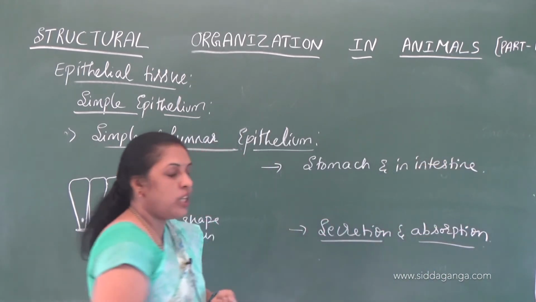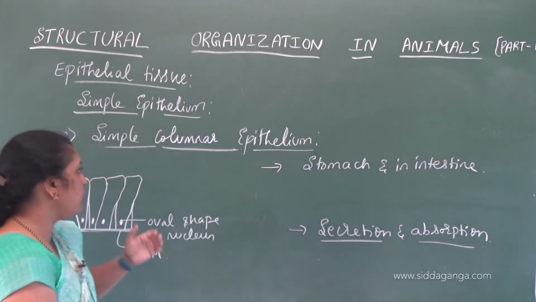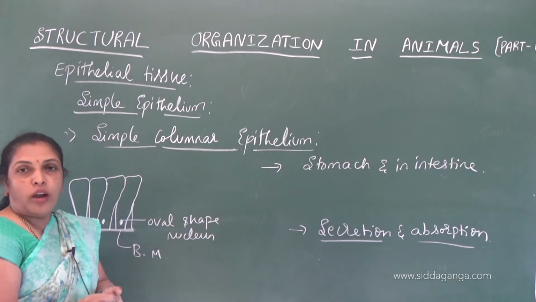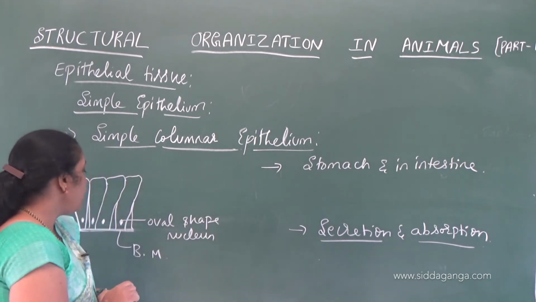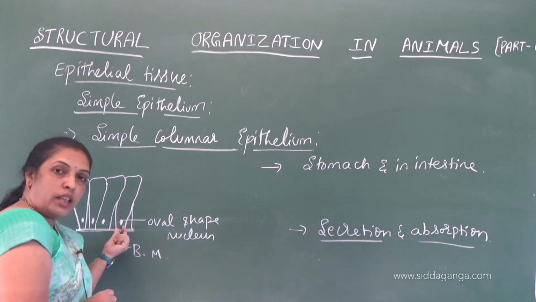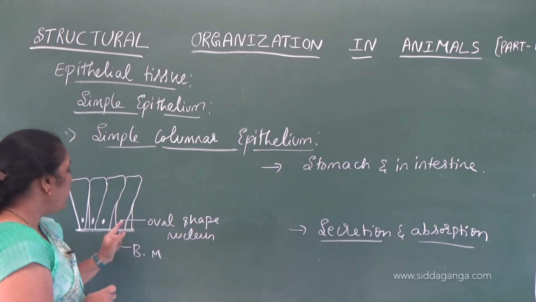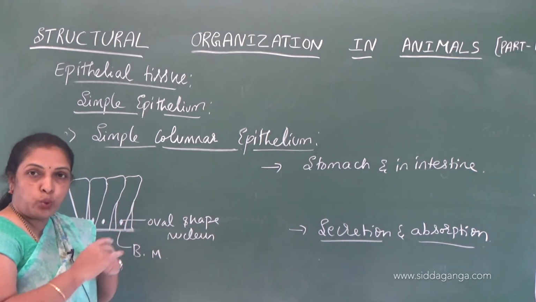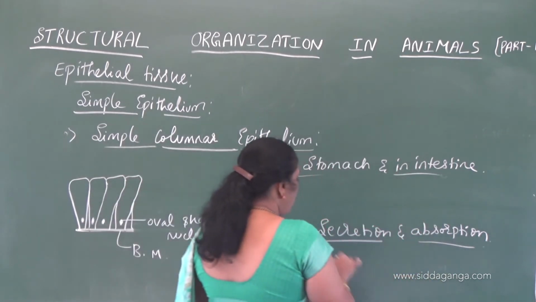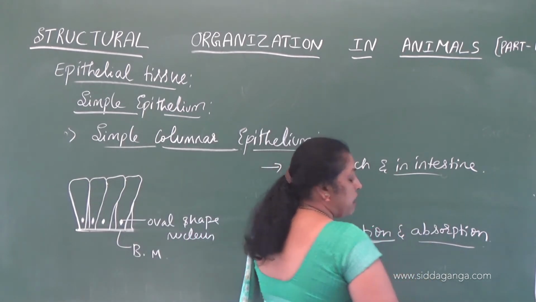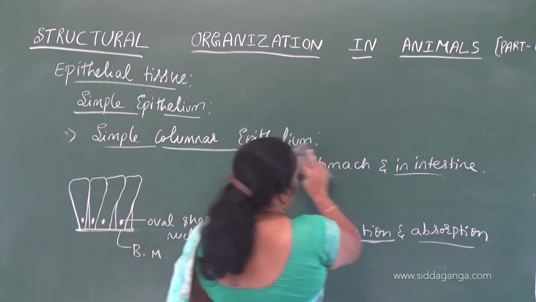And the main function is secretion and absorption. Understood? Simple columnar epithelium has column-like cells. The base is narrow compared to the free surface, which is broader. They have an oval shaped nucleus towards the basement membrane. They are mainly seen in the stomach and the intestine, and their main function is secretion and absorption.